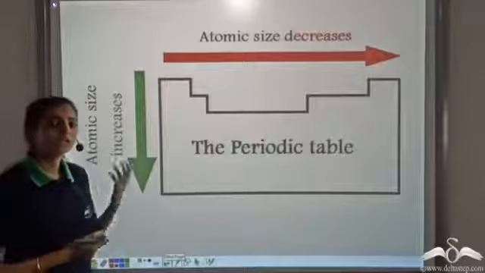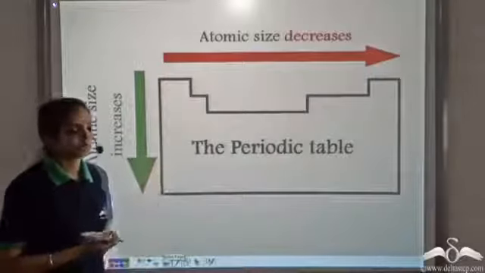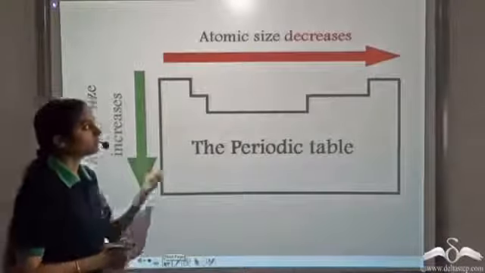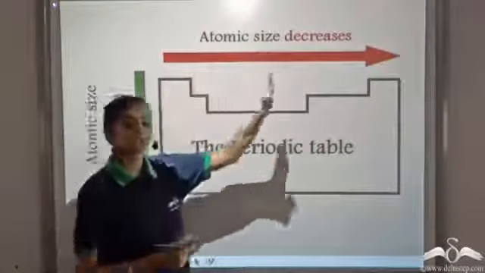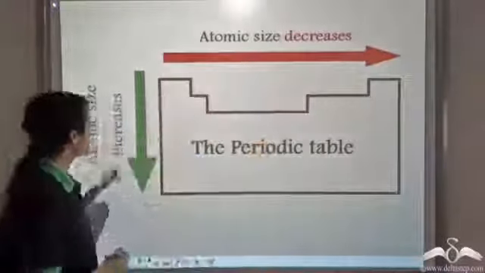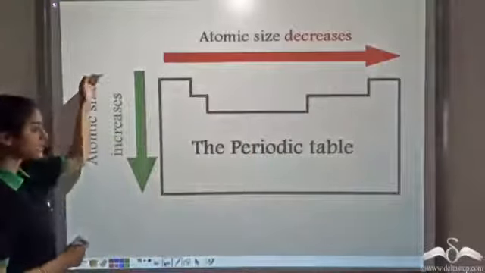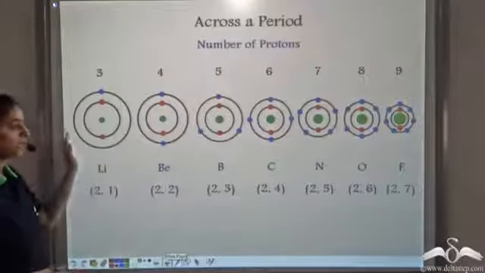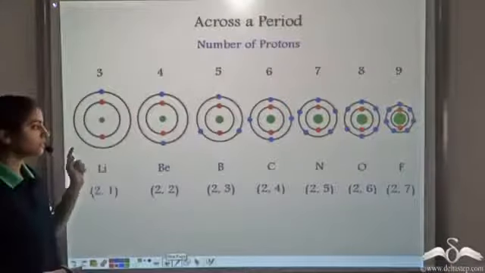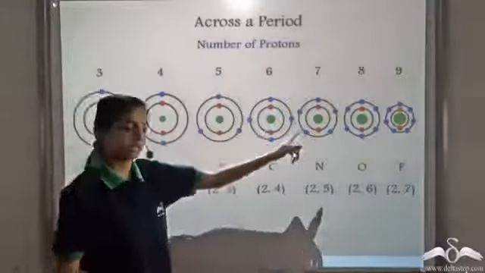So let's see how this ionization energy varies in the periodic table. We know that atomic size decreases on moving from left to right in a period. Also, atomic size increases on moving from top to bottom in a group. So when we move from left to right in a period, the atomic size decreases.